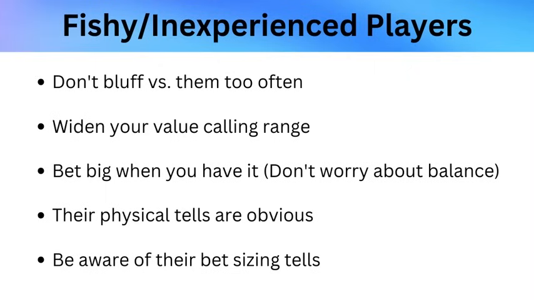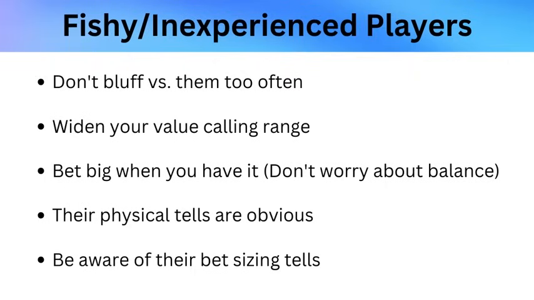So next, you want to widen your calling range. I feel like a lot of recreational players like to overbluff and overvalue marginal hands, right? So for example, if they have ace-7 on a king-high board, like king-7-deuce, I feel like they're going to way overvalue a hand like ace-7.